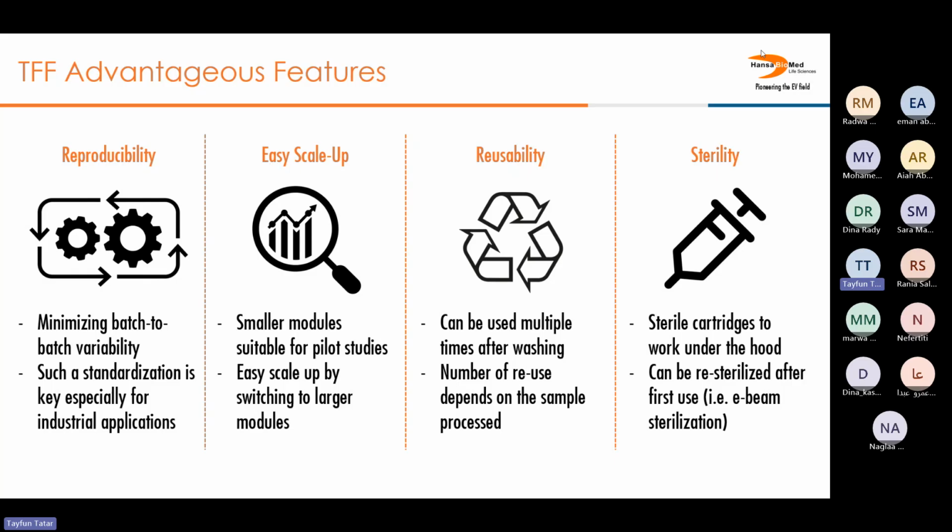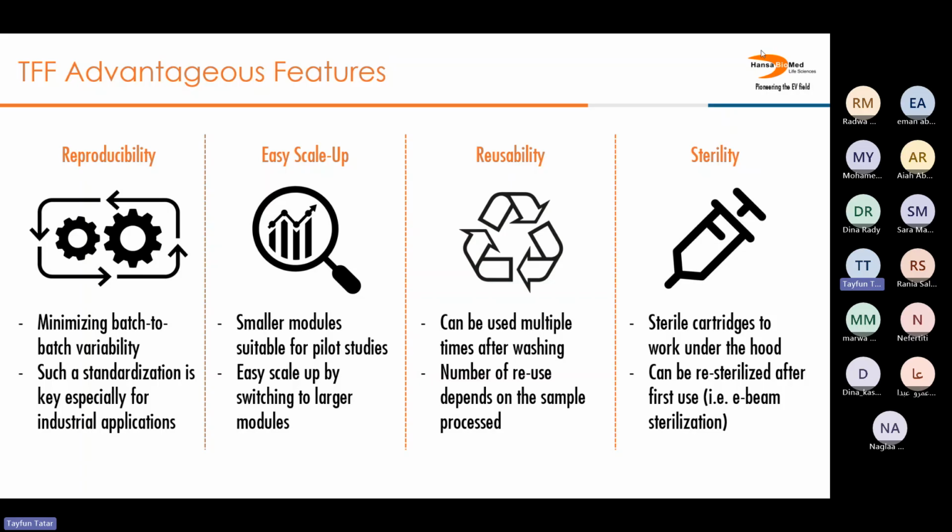And it even allows scale up because at Hansa Biomed, we have two filter modules: a small module that can process 10 ml to 1 liter, and a large module that can process 100 ml to 60 liters. Between these two modules, the only thing that changes is the length of the fibers, not the diameter, not the pore size.